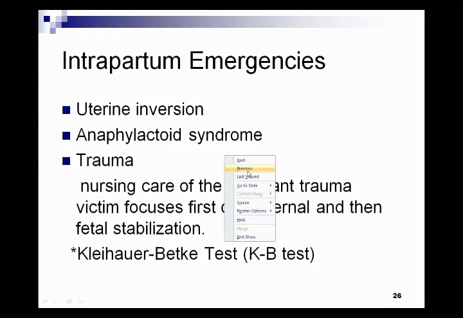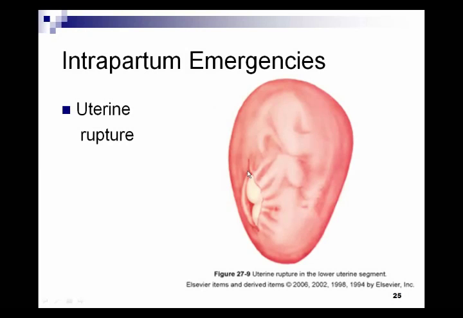Okay, let me go back to that and finish. Causes, again, are when they've had multiple uterine surgeries or C-sections or even surgery to remove fibroids. The risk for rupture in a woman who has had a prior C-section depends on the type of uterine incision. If she had the classical, and they're the ones that can never have a VBAC, they are at the greatest risk.